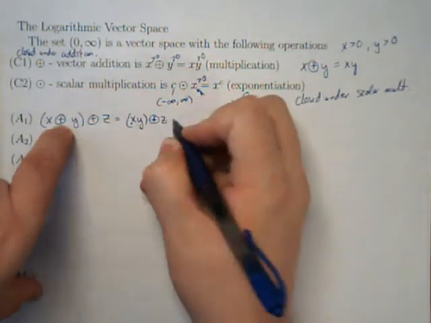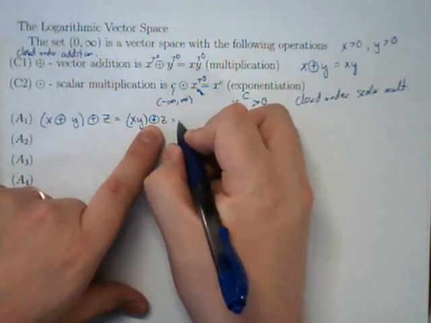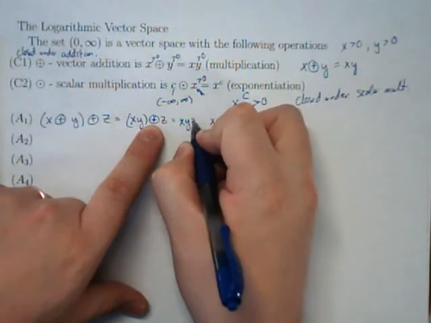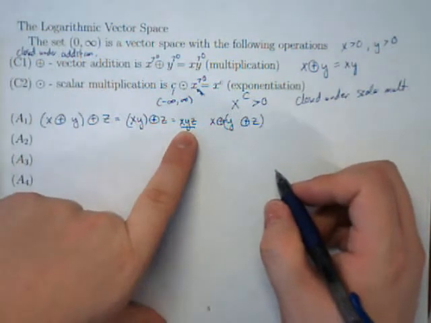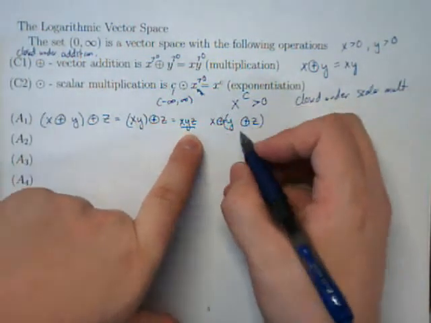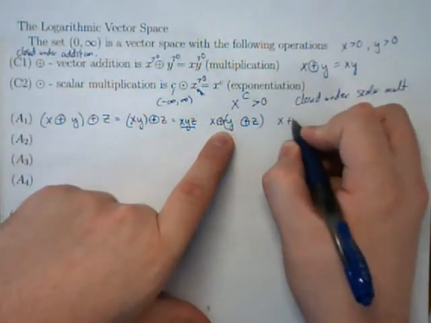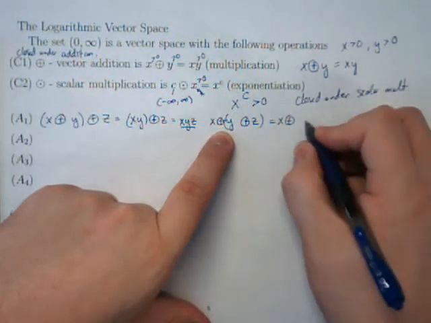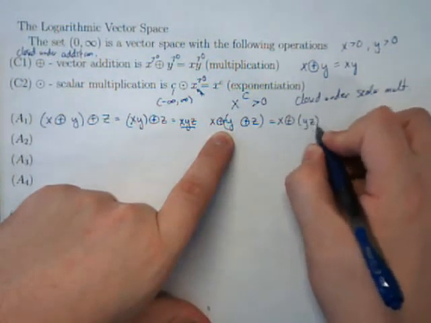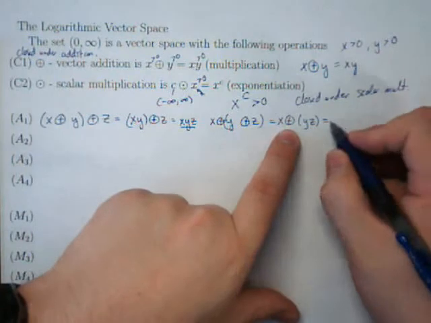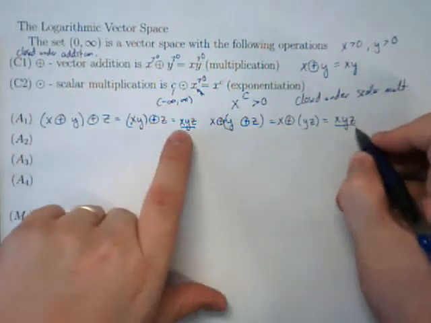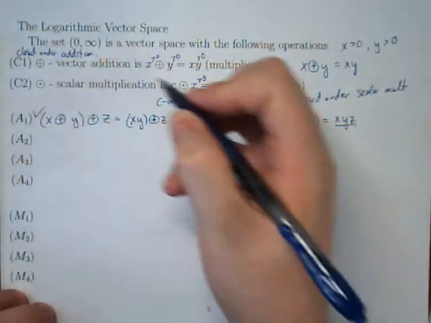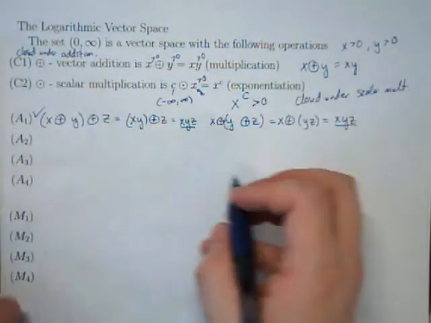And then I'm going to add z. This vector addition results in multiplication. So really that's just xyz, and it doesn't really matter where you put parentheses there because we're dealing with real numbers. Here we do the same thing. We've got x ⊕ (y ⊕ z), and then that becomes multiplication, x times yz, and lo and behold, those are the same thing, which means vector addition is associative.